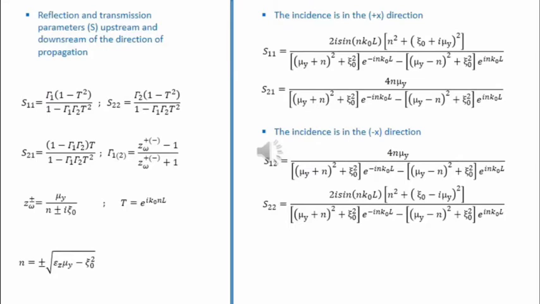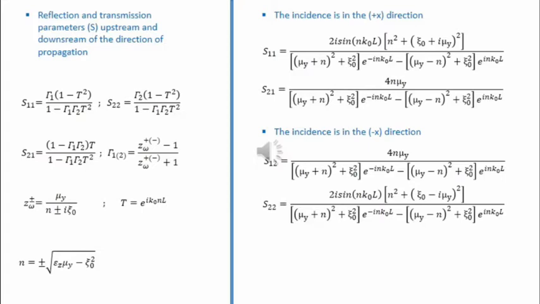Imposing the boundary conditions of the continuous electric and magnetic field components on the surfaces of the unit cell in the direction plus x, minus x, we determine the reflection and transmission parameters as upstream and downstream of the direction of propagation.